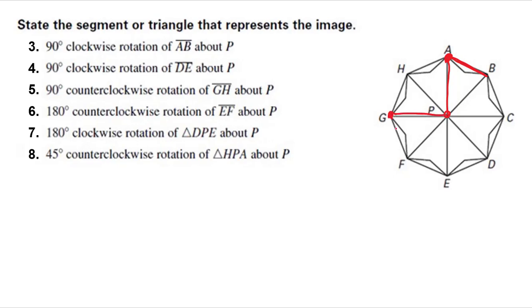Well, that comes over to G. B rotated would be H. That's a clockwise rotation. So 90 degrees here would be over here, so A would rotate to C, B rotating 90 degrees would rotate to D, so this would be segment CD.